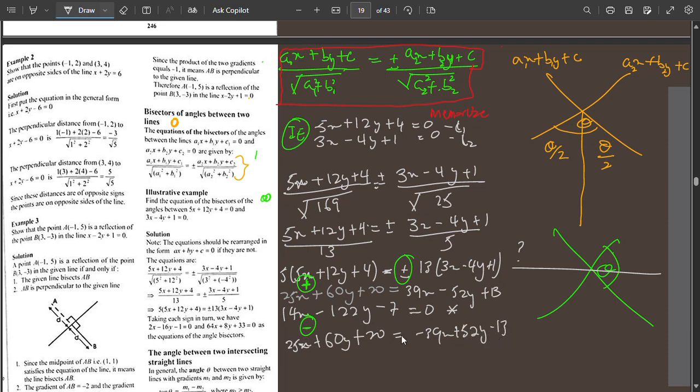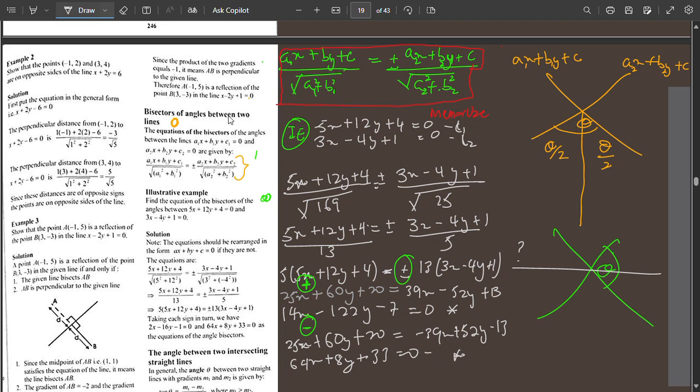And when we simplify this, we have 39 plus 25, that's 64, so 64x, then plus 8y, then plus 33 is equal to 0 as our second equation.